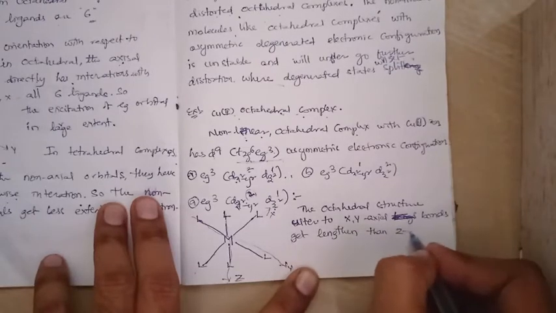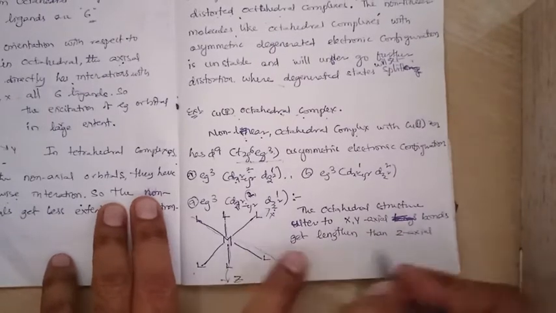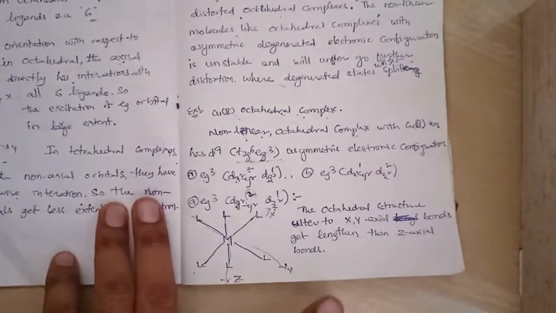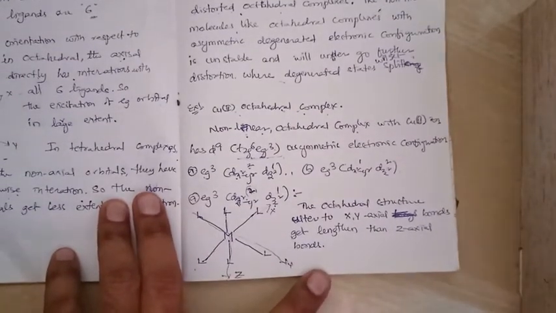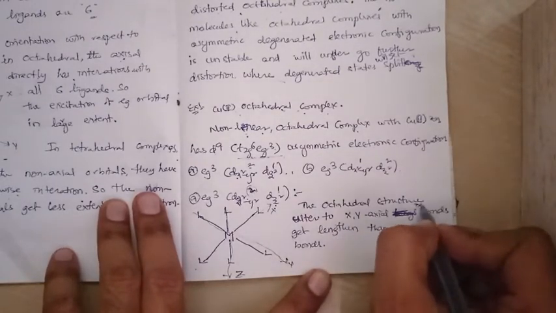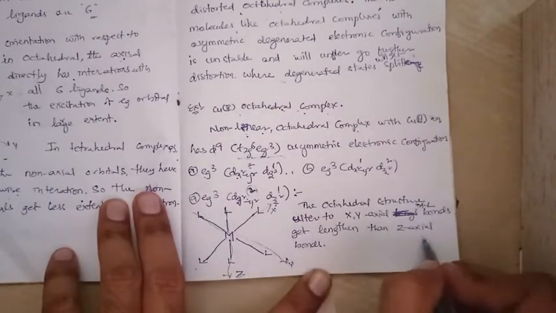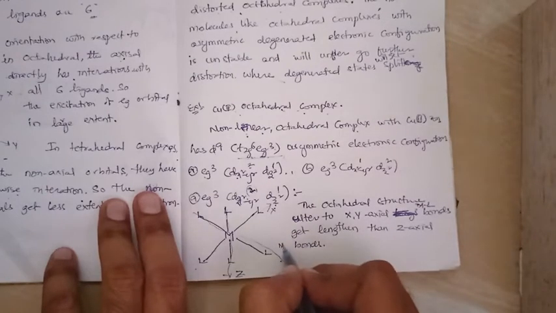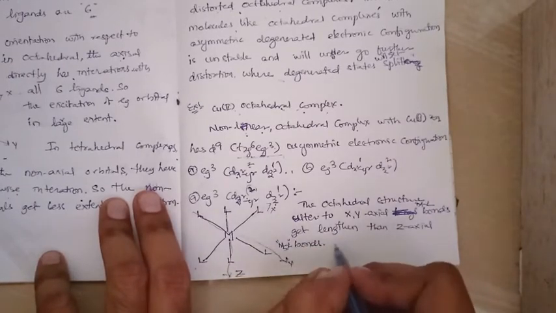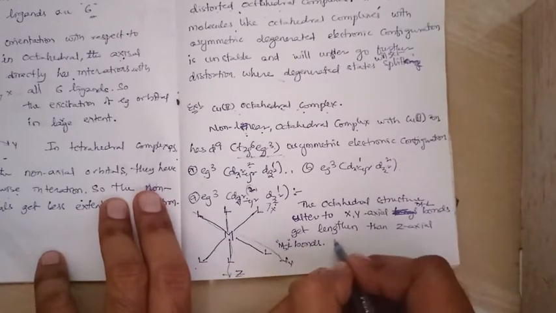Then the z axial metal to ligand bonds are shorter. This is called a distorted octahedral.